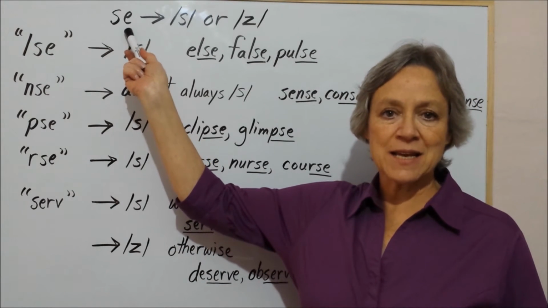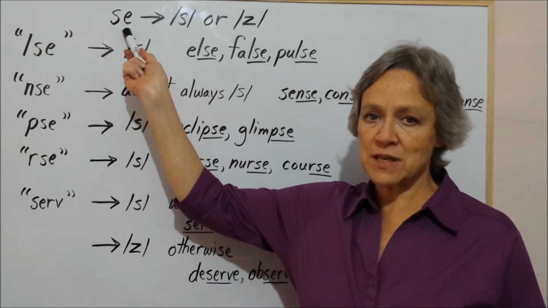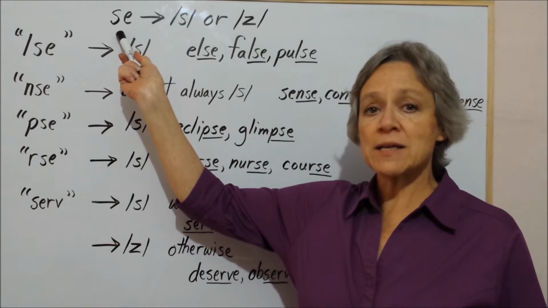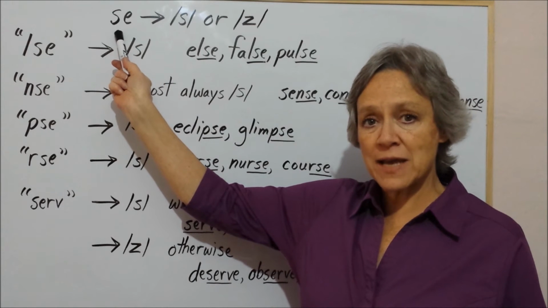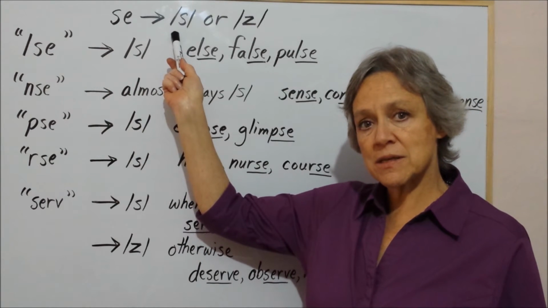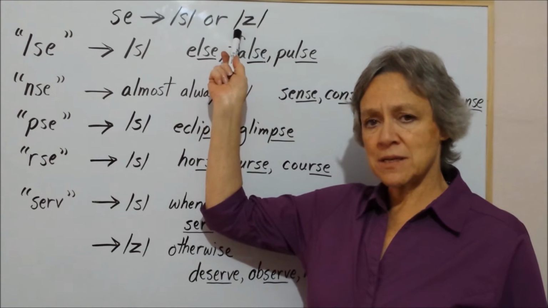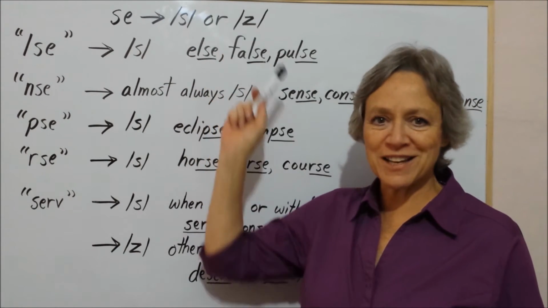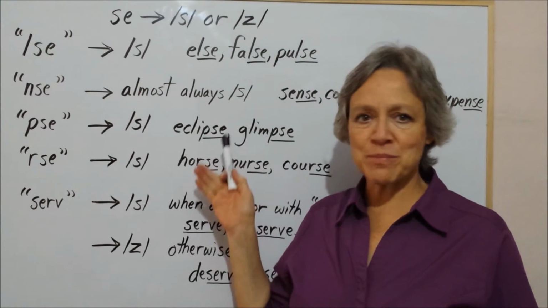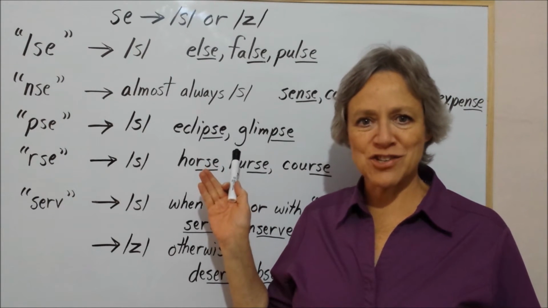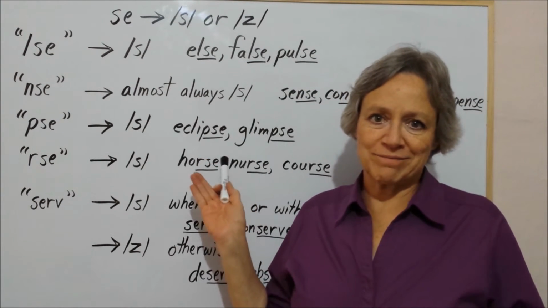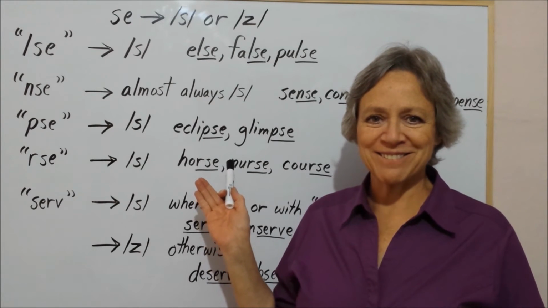The letters S and E occur very often together in words, and sometimes that letter S makes the S sound, and sometimes it makes the Z sound. So I've looked at lots of words, and I've made some observations about them, so I'd like to share those with you, and I hope that this will help you, okay?